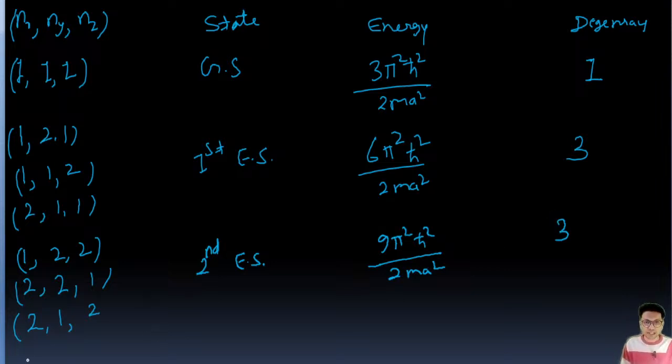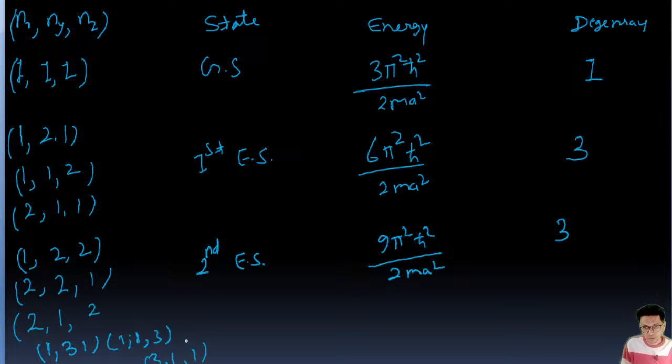Similarly, for the third excited state, there are 3 degenerate states. I'll write here (1, 3, 1). The second is going to be (1, 1, 3), and the third is going to be (3, 1, 1).